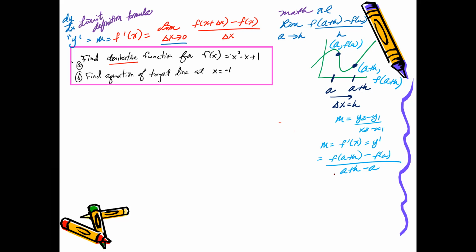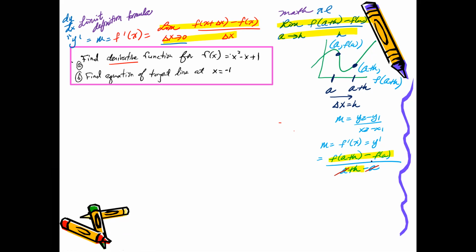And conveniently, your a cancels, so you're left with this formula. This formula here is the same thing as the limit formula, if you alternate the letters and replace them a little bit. So I just want you guys to get comfortable with it. When you see this, you're like, what is this? It's exactly the same thing.